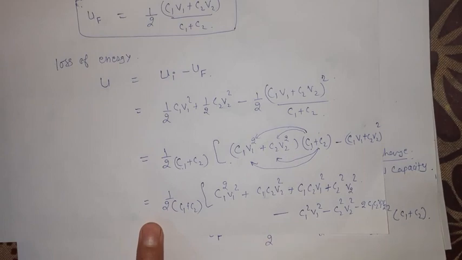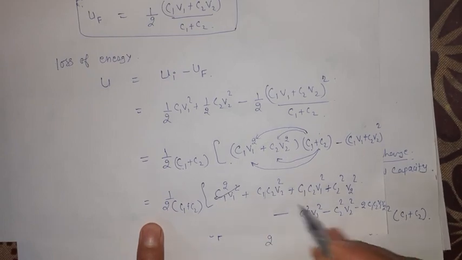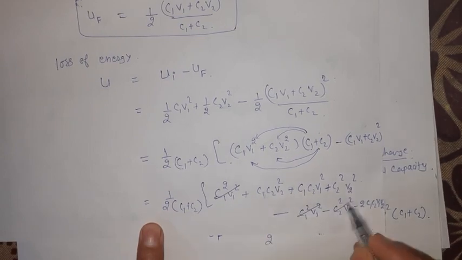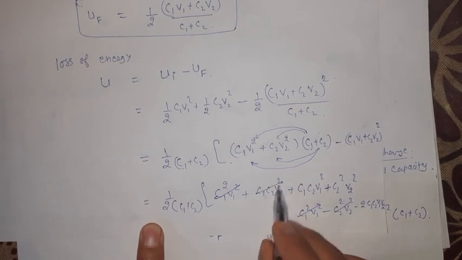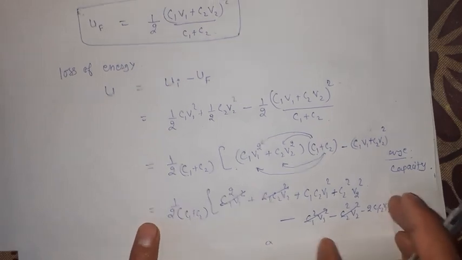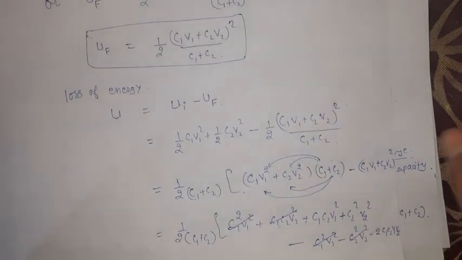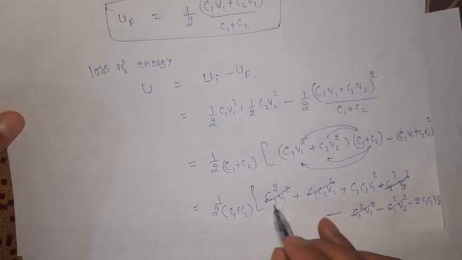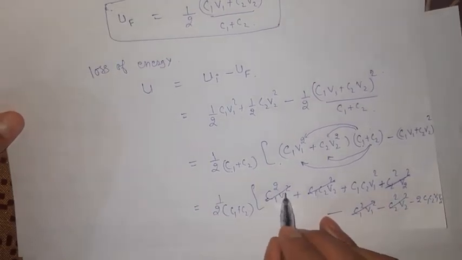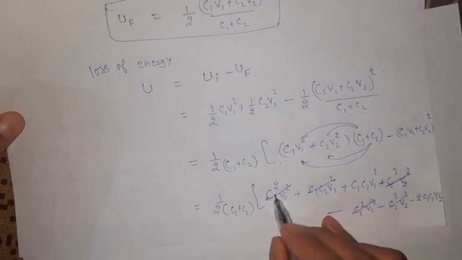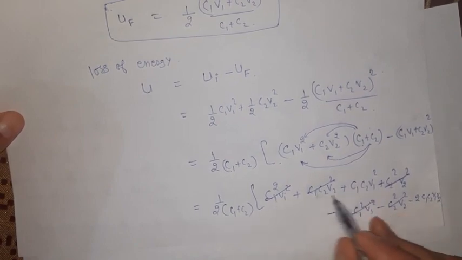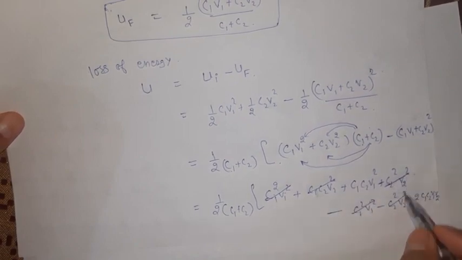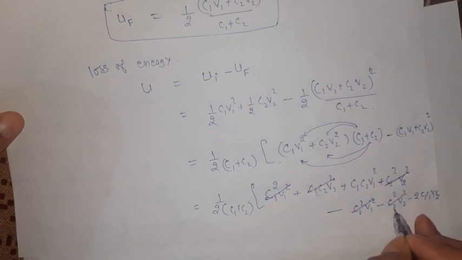Now the terms which are going to cancel: c1 v1 squared is going to cancel, c2 v2 squared is going to cancel, and those terms which remain with us, we need to write them. So look over here, c1 v1 squared is the positive term and this is the negative term, so these two will cancel, while c2 squared v2 squared is going to cancel with this negative term.